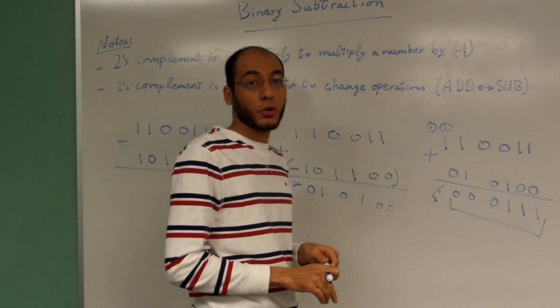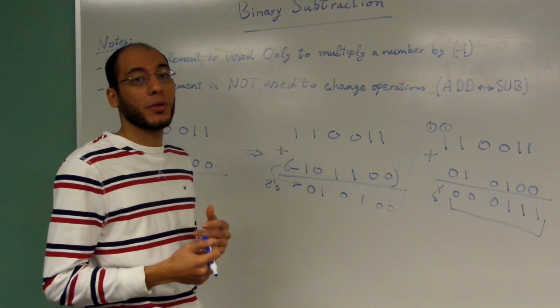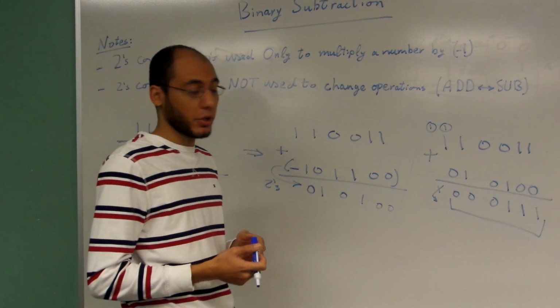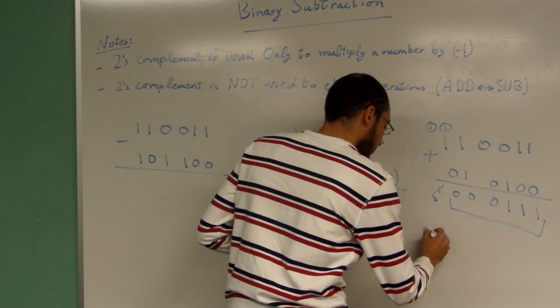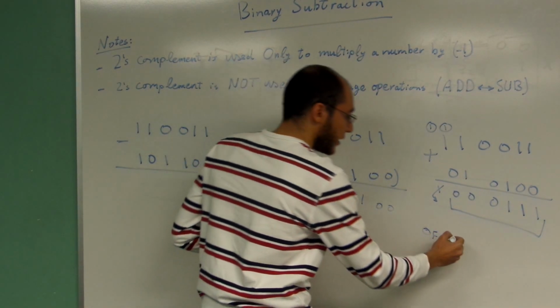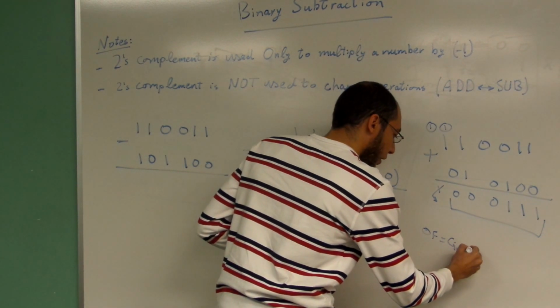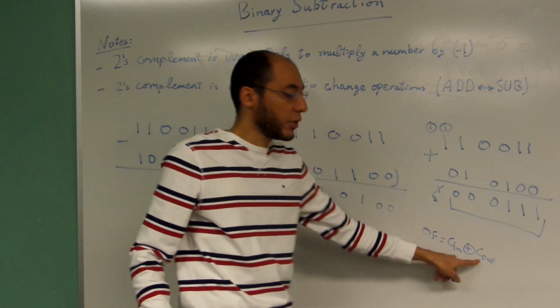And now to the overflow. What is the benefit of the overflow? The overflow is for you to find out whether the number is meaningful or not. If you want to calculate it, the overflow is basically C in XOR C out of the most significant bit.